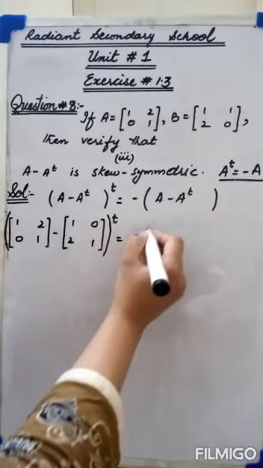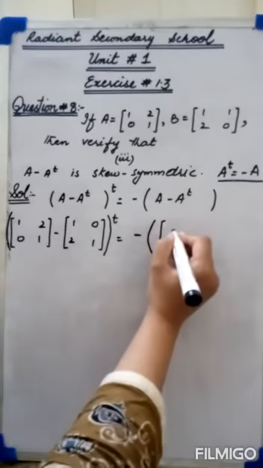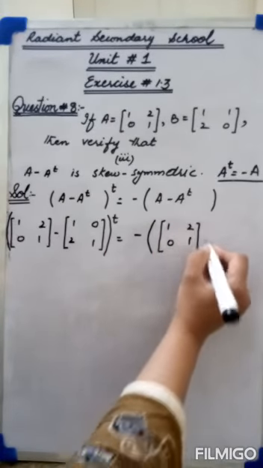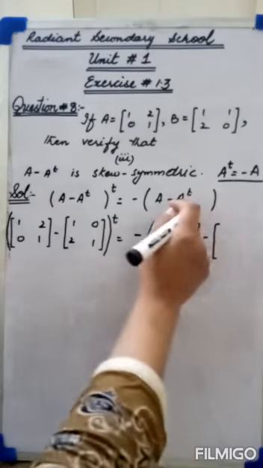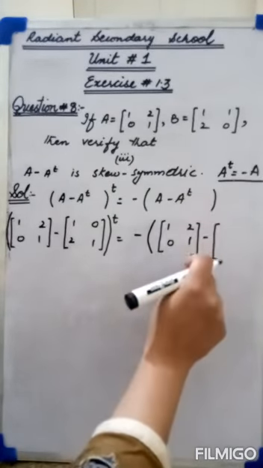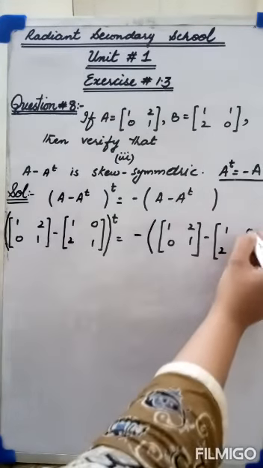Is equal to minus A. Instead of A, I have to put the value of matrix A. And minus A transpose means now we will write the transpose of matrix A. This is matrix A, so I have to take its transpose.